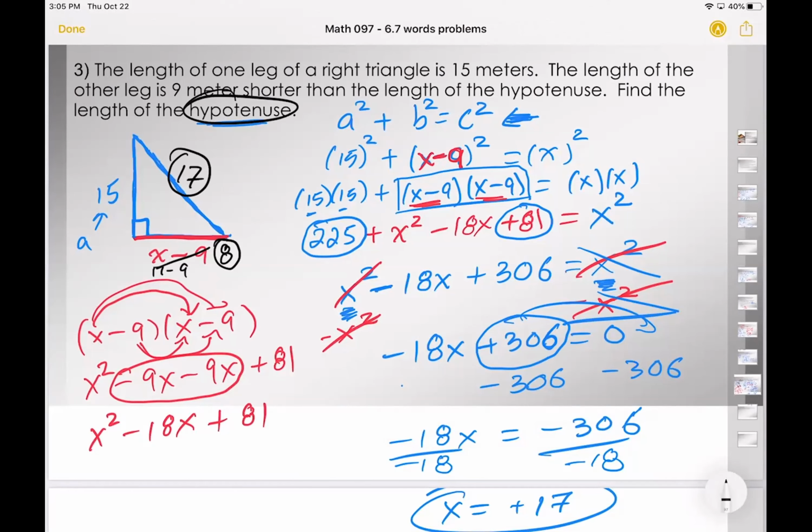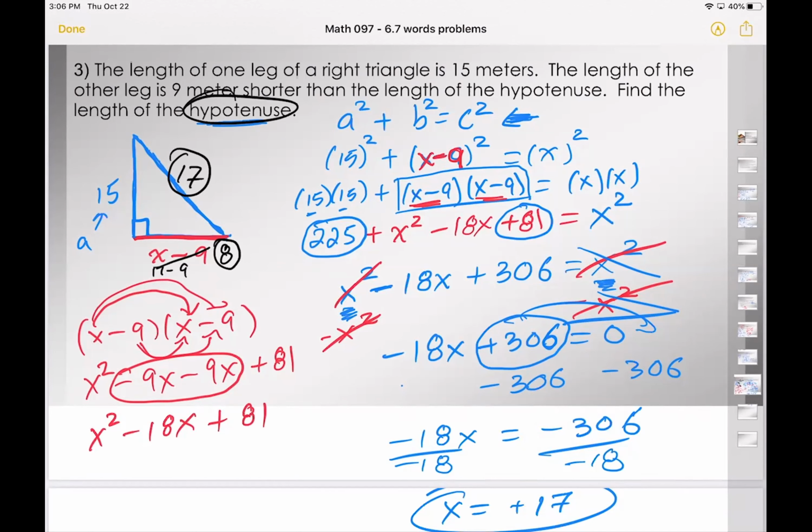And again, I know you say, oh, Mr. Tran, this is a little bit tedious. It's tedious in the way that it's a word problem, right? But one thing is you ask yourself, what is your figure? What is your leg A, what is your leg B, and what is your hypotenuse?